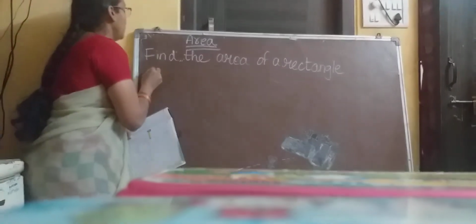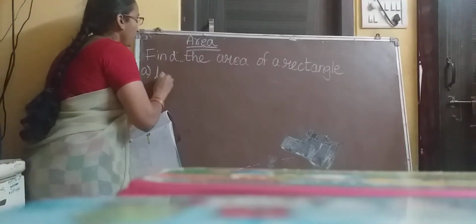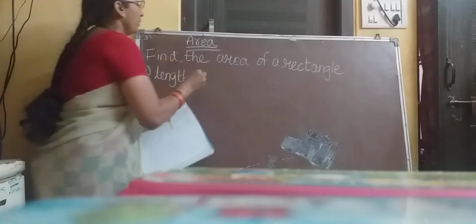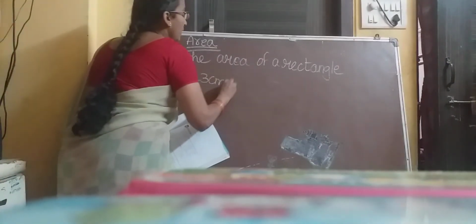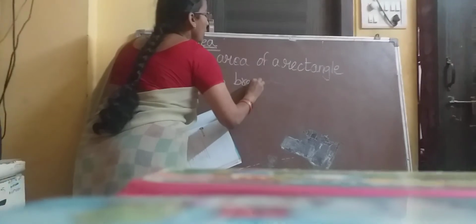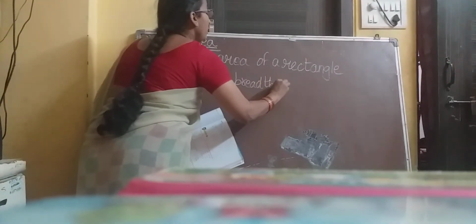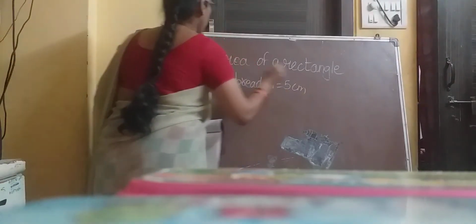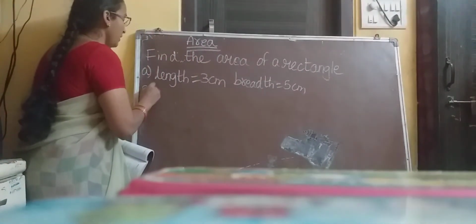See, A1: length is equal to 3 centimeters. Breadth is equal to 5 centimeters. Okay children, solution.